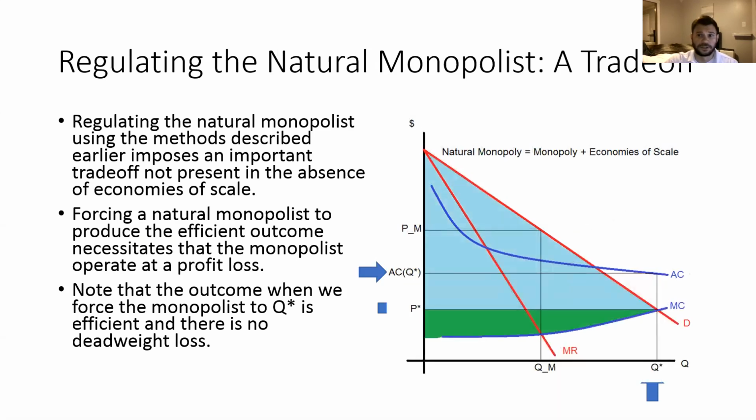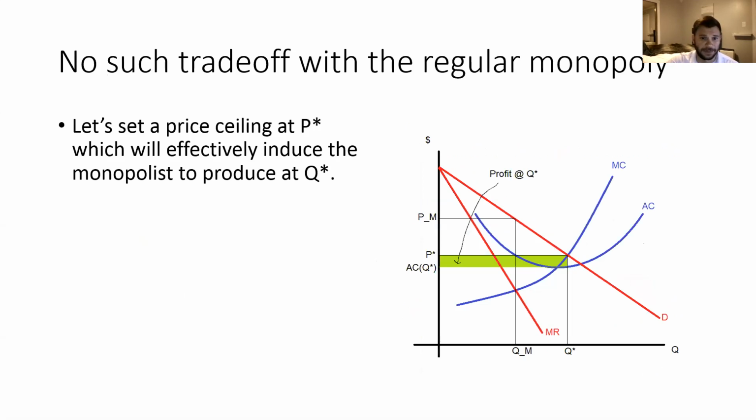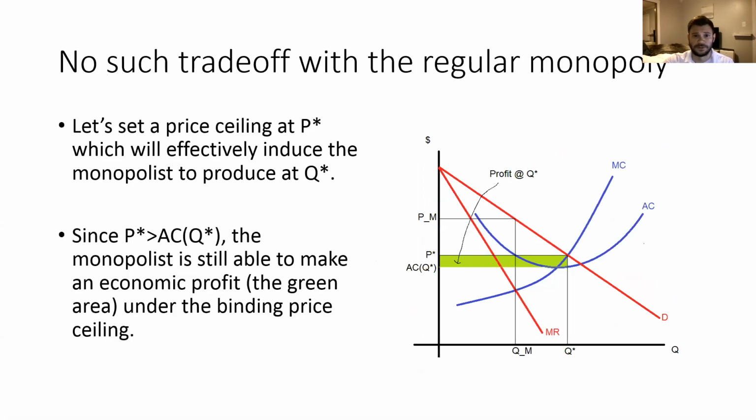Now, this trade-off doesn't really exist with a regular monopoly. Just to show you this, if we were to set a price ceiling at P star in this diagram, then again, that's going to induce the quantity of trade at Q star.